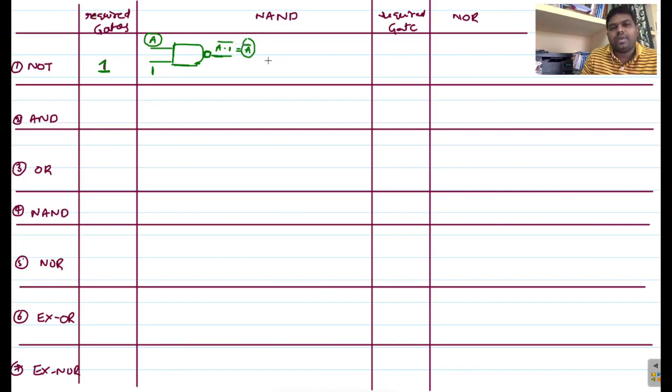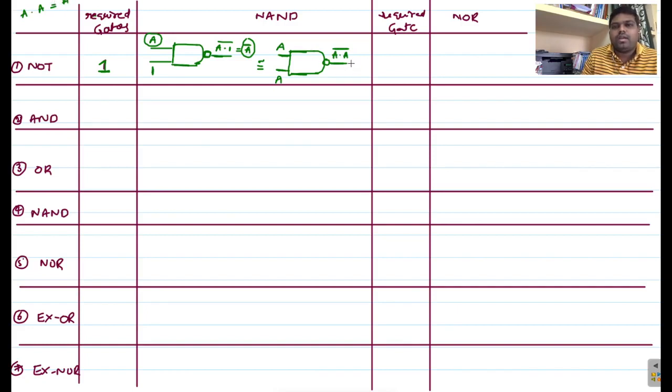Otherwise you can consider it in this way also. You can take one NAND gate and tie these two inputs to one particular variable. That means here I am providing A, and here also I am providing A. So here I am taking inversion, that means A into A whole bar. Already you know A into A, according to the AND operation theorem, you will get A only.